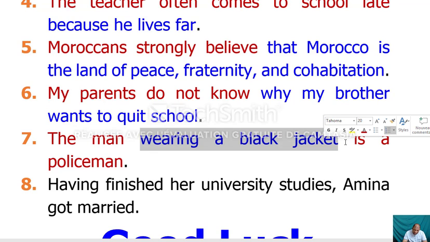So, when we speak about participial phrases, all the time bear in mind that the origin is either an adjective clause or an adverbial clause. So this first one is related to an adjective clause, because we can say "the man who is wearing a black jacket". So we omit the relative pronoun, and then it becomes "wearing a black jacket". Pay attention.